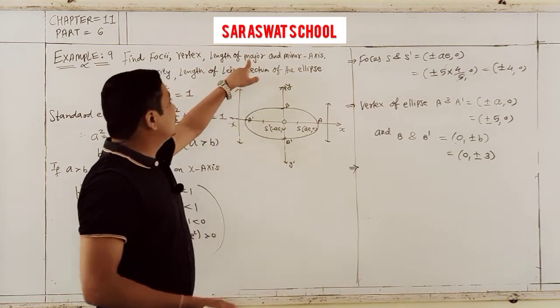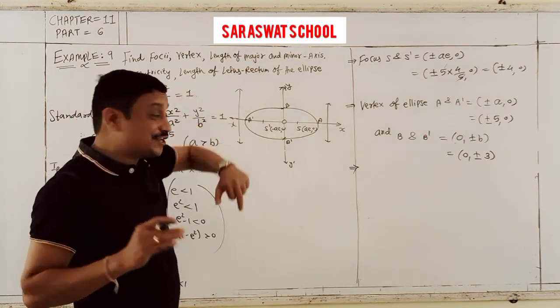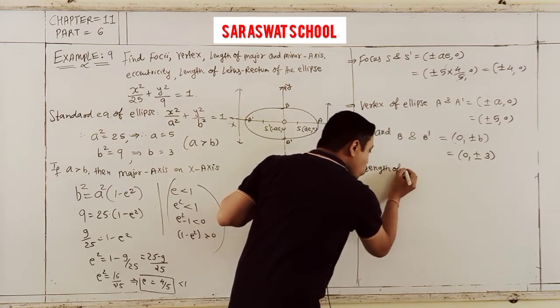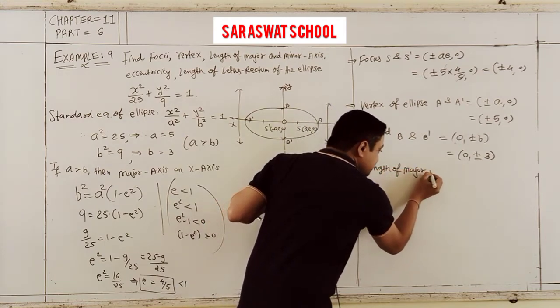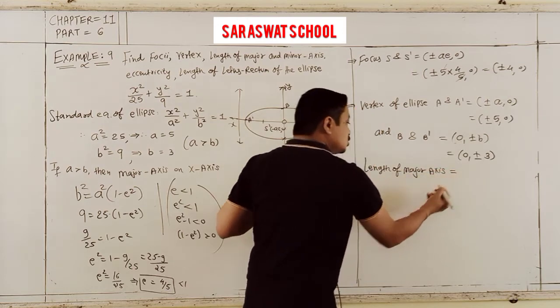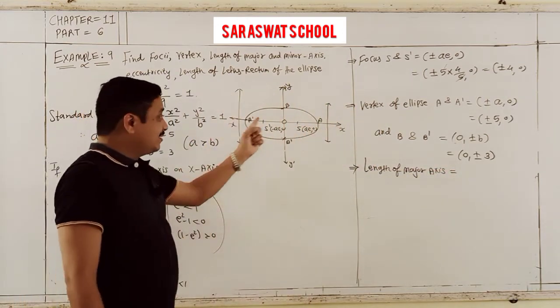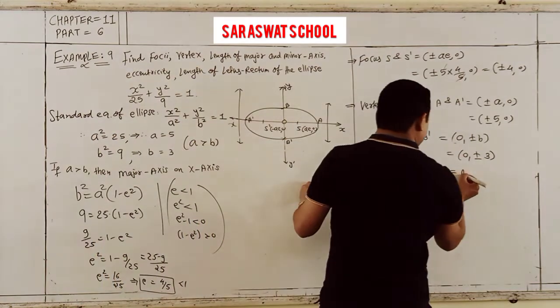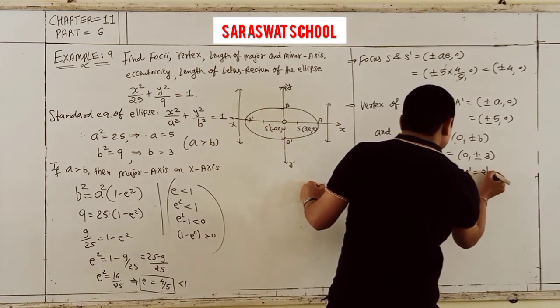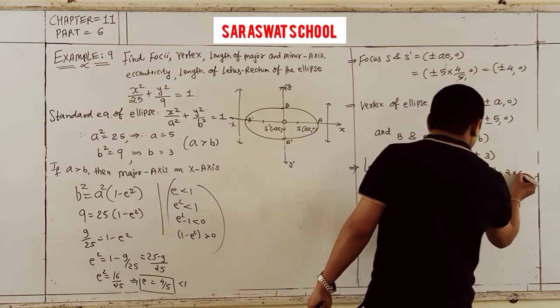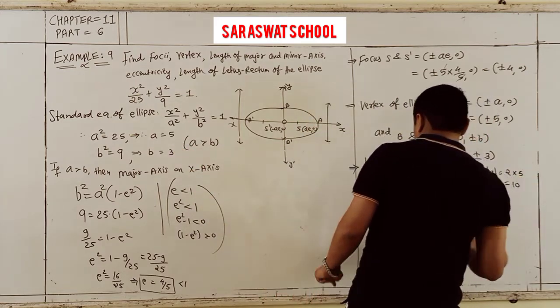Now asking the length of major and minor axis. So the length of the major axis, students, as written here, is along the x-axis, that's why my major axis AA dash length is 2 modulus a, and what's a? 5. Total 10.